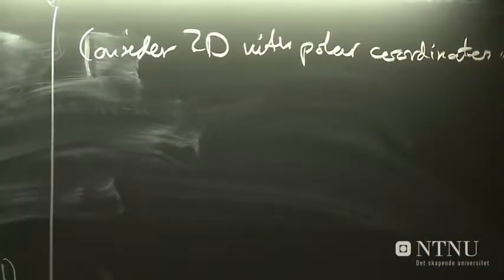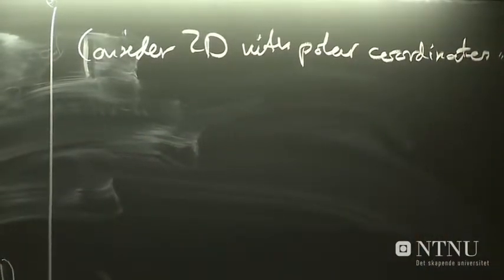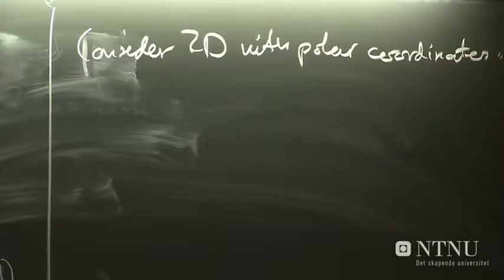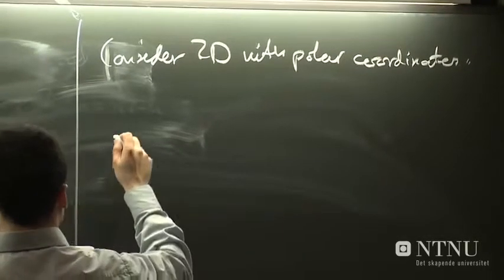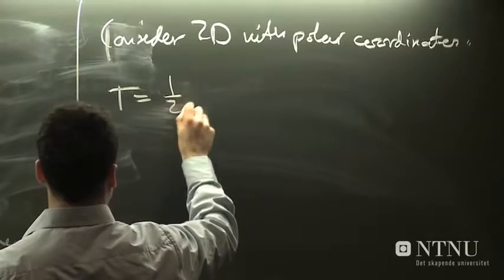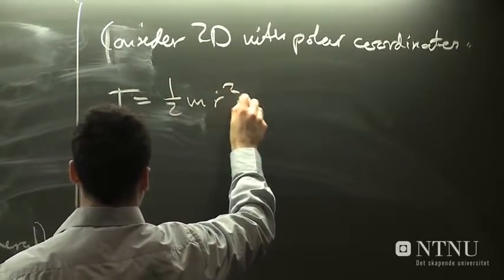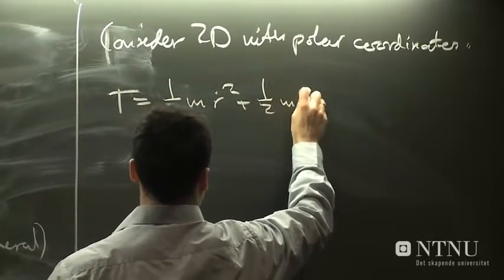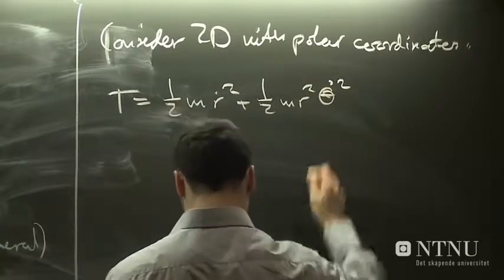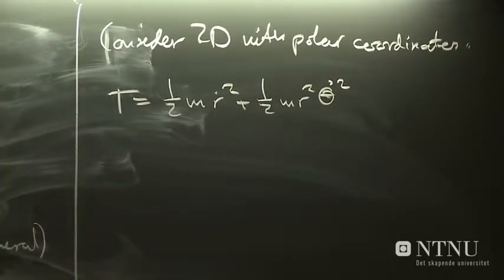Consider 2D motion and the description using polar coordinates as our generalized coordinates, for which case the kinetic energy looks like this.